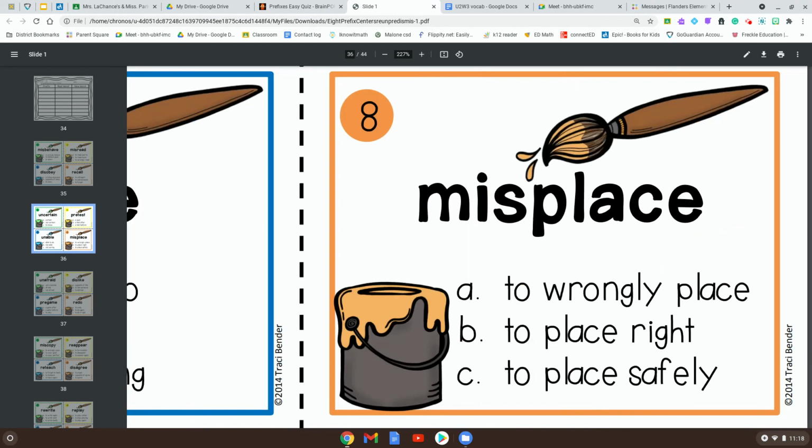Does misplace mean to wrongly place, to place right, or to place safely? We already talked about how mis means to wrongly do. When you place something, you're setting something down. So misplace means to wrongly place something.